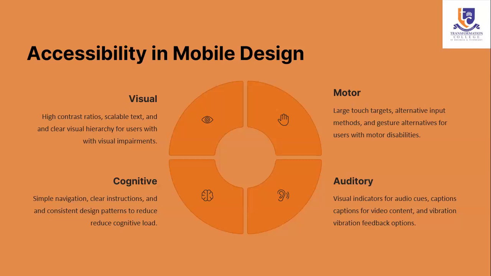The motor: large touch targets, alternative input methods, gesture alternatives. What this means is on your keyboard, some people cannot tap, so they use what you call gesture to type. There's a way you swipe on your keyboard, it is hard to explain, but it's a function that is available in almost all keyboards, though people don't really use it.